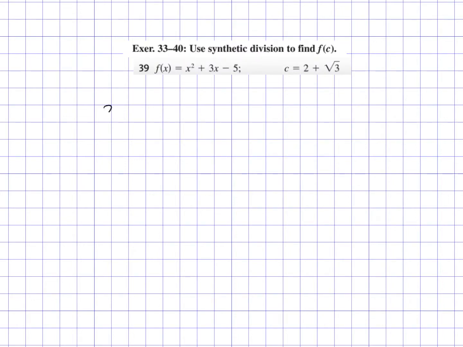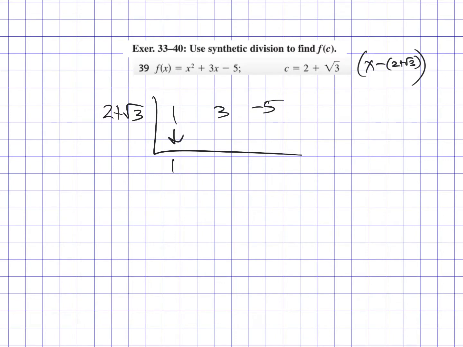All right. 2 plus square root of 3. And again, this came from x minus 2 plus square root of 3. So synthetic division, 1, 3, negative 5. So drop the first one down. And we get, add those together, you get 5 plus the square root of 3. So you got to multiply. So 2 plus the square root of 3 times 5 plus the square root of 3.